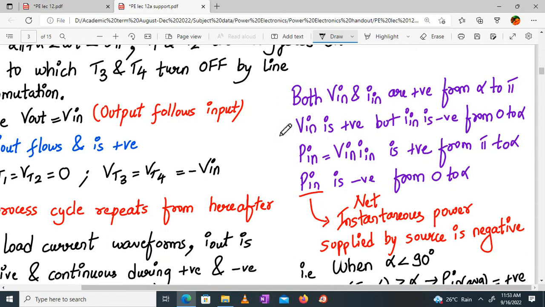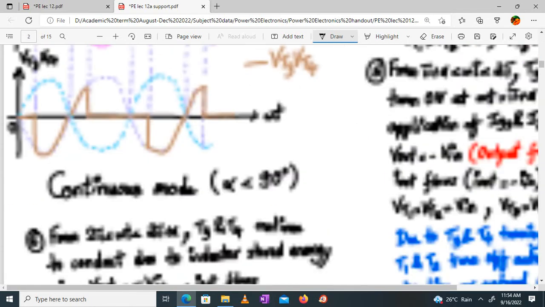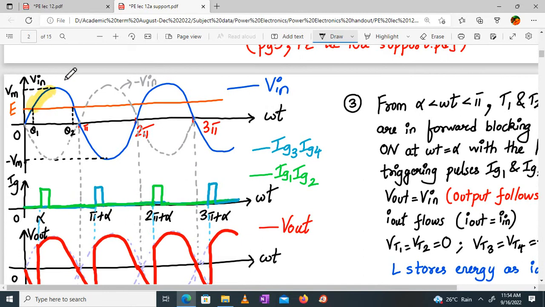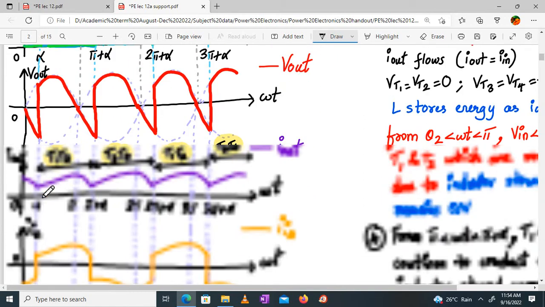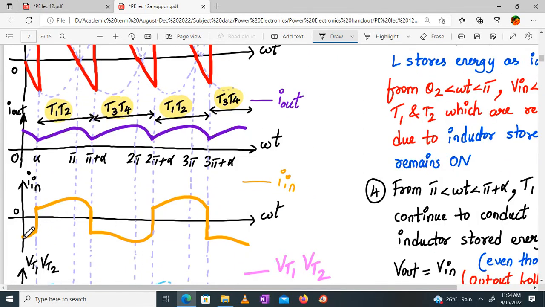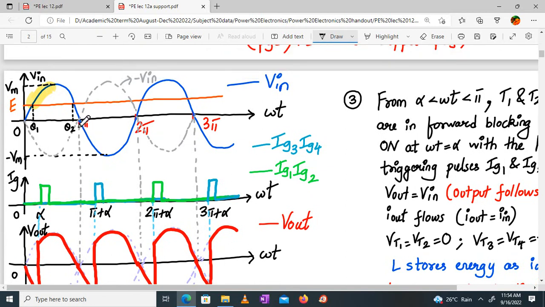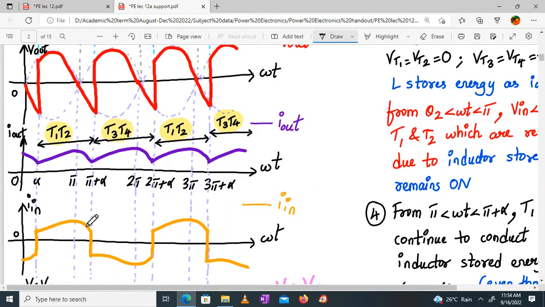Also you can observe this about V in. See, during the positive half cycle, V in is positive, right? Let's say from 0 to alpha, V in is positive. What about I in? It's negative. V in is positive, I in is negative. What about alpha to pi? From alpha to pi, V in is positive and I in is also positive.